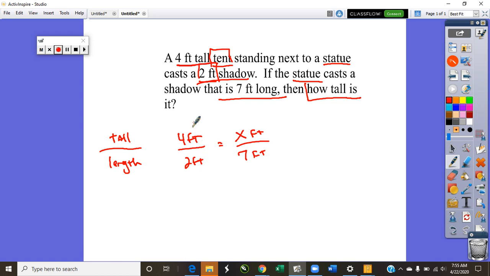Now let's cross product multiply these. 4 times 7 is 28, and x times 2 is 2x. Divide each side by 2, and we have x equals 14 feet. So the statue is 14 feet tall. Make sense?